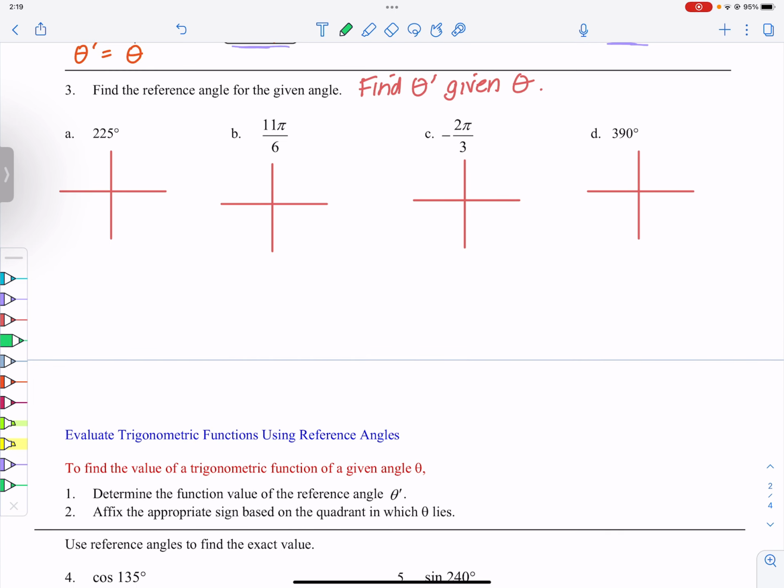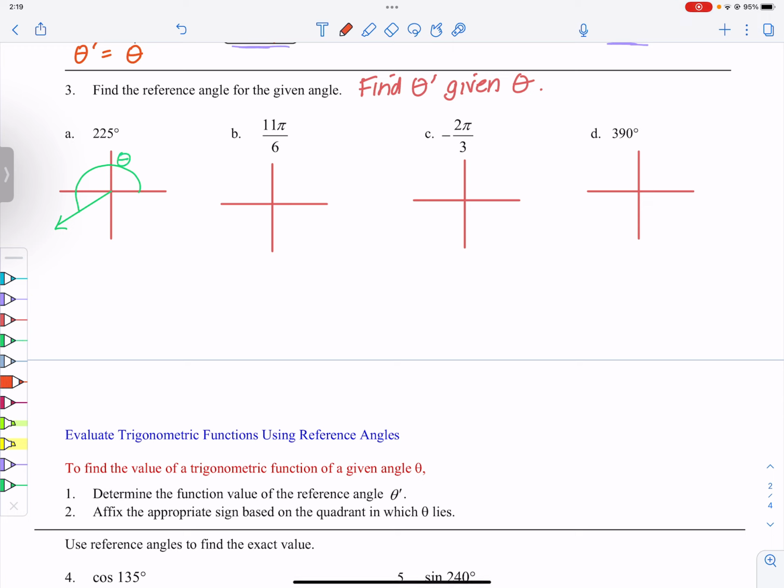So let's go ahead and find 225. Yes, we're beyond 180, and we keep going, and we'll hit about right here, okay? So now we'll go ahead and draw that, and this is actually theta.